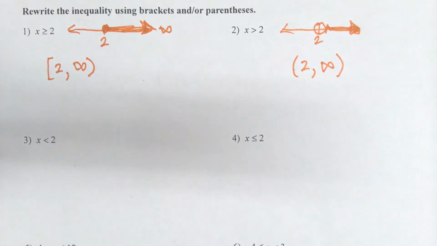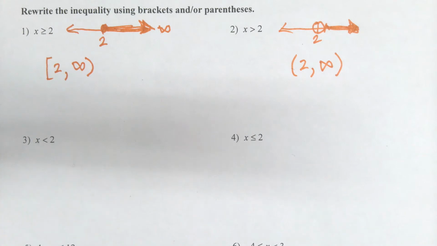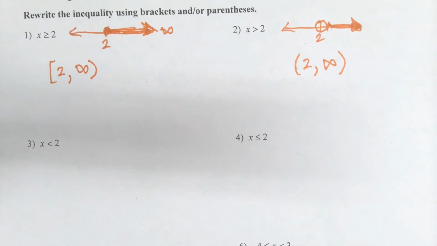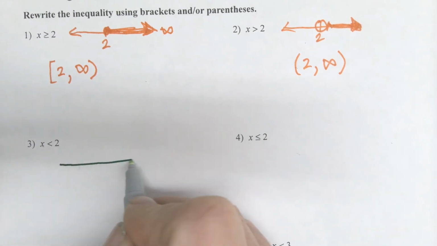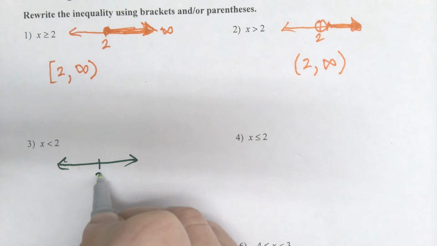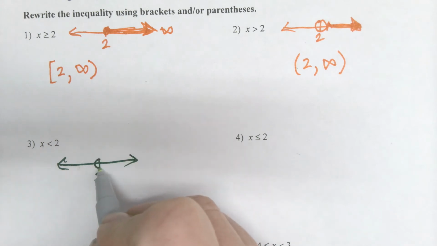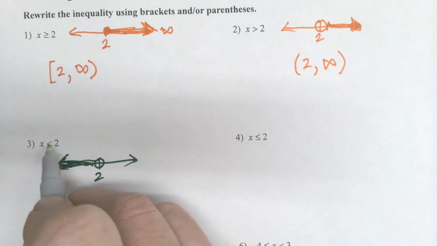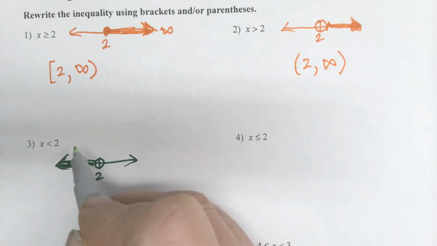Now, if I flip the order around and I have a less than, that means I'm looking at all the x's that are less than 2. On a number line, it would be not including 2, but everything to the left, because this symbol is less than. In fact, this symbol points in the direction that you would shade.